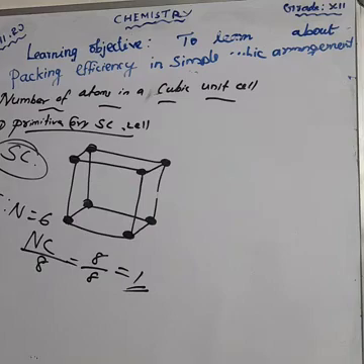Don't forget, this is also one way to question. In a simple cubic unit cell, each corner is occupied by an identical atom or ions or molecules. The coordination number of each atom is 6.